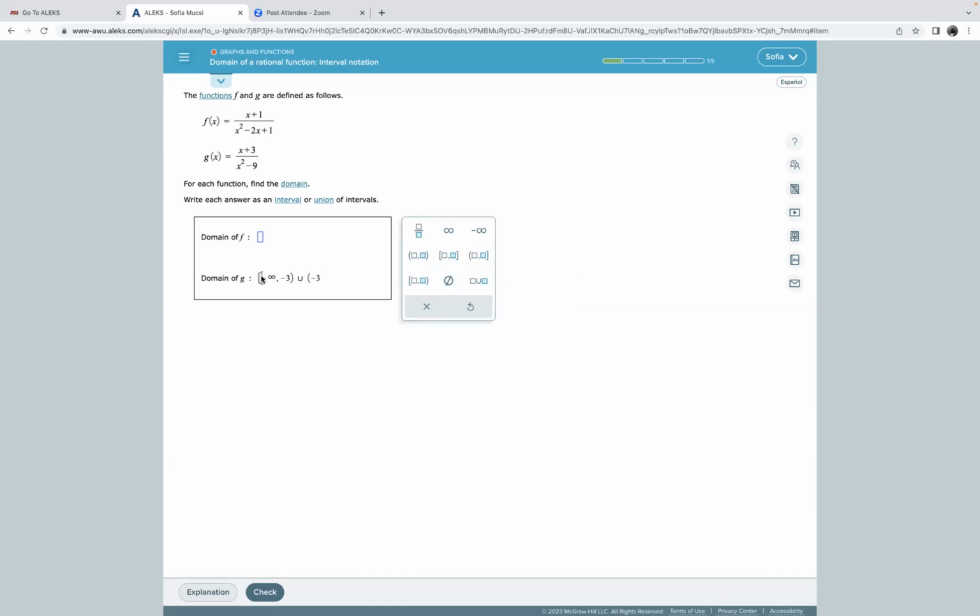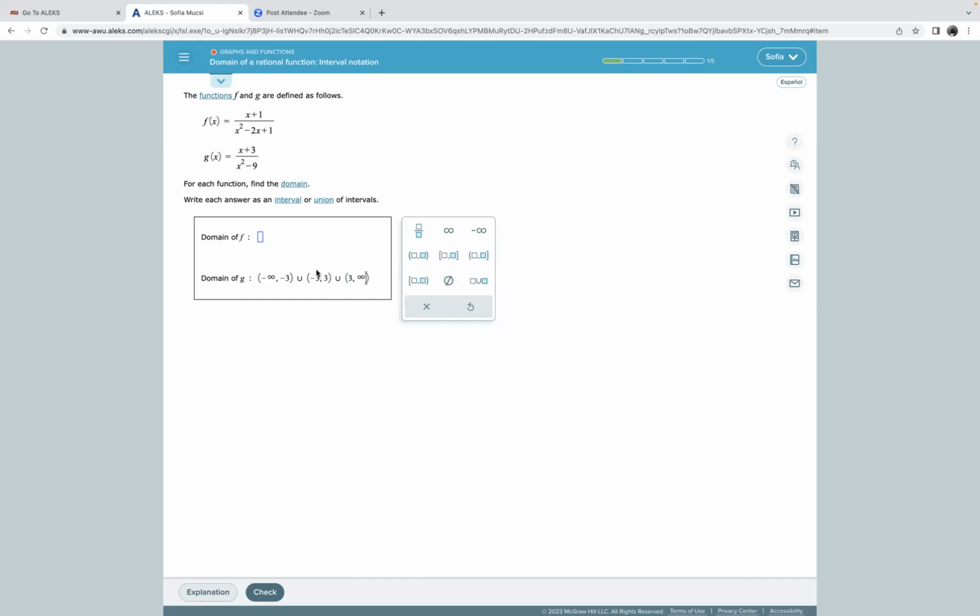And so why was it a bracket in the first one? It wasn't. Maybe I typed it incorrectly, but no, it is parentheses in all of these. Now it's negative 3 to 3, that's the gap between them, union, and then 3 to infinity.